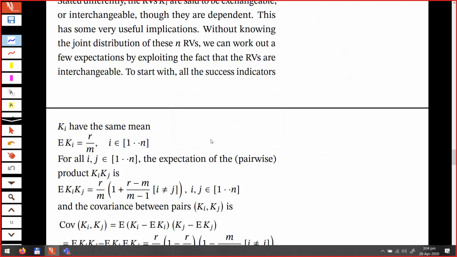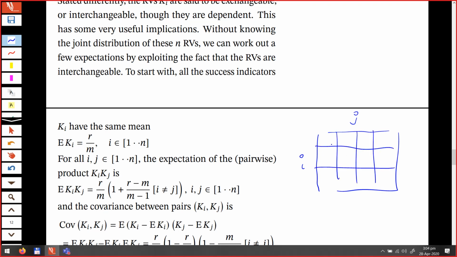If I have, let's say, a matrix of values, here I have values of i, here I have values of j, and I have a possible matrix. So on this diagonal the values will be same, and outside the diagonal the values will be different. So for this diagonal, when I and j are the same, I will have a different formula. समझ आ गई बात?